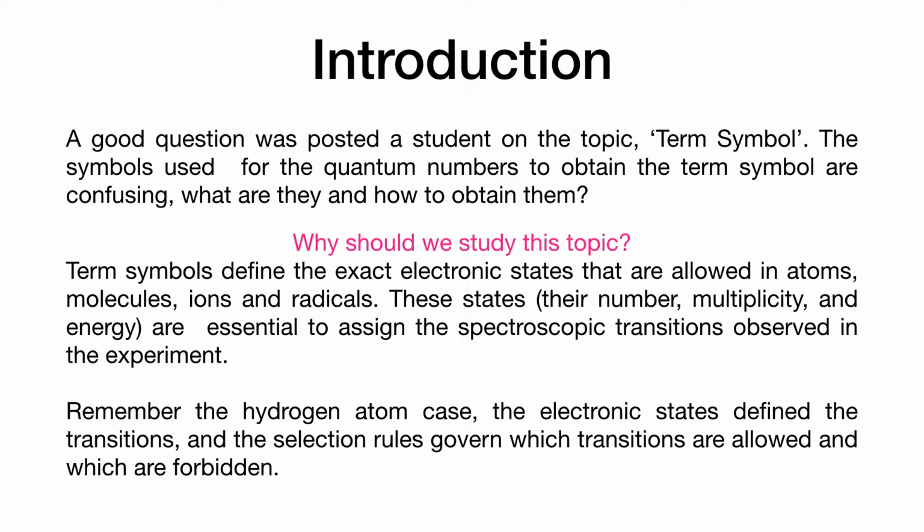Now, if you have only one electron, this is all you worry about. But if you have more than one electron, then you have to sum these angular momenta of each electron to get the total for the atom or the molecule.